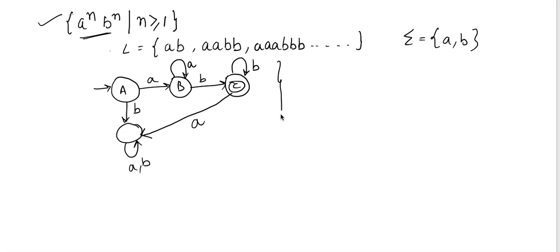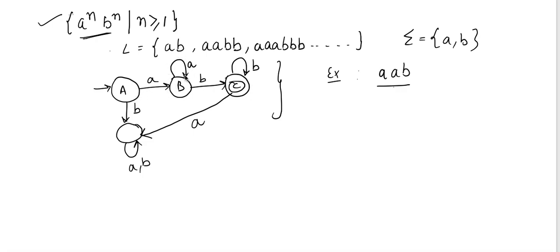So you might think this is the DFA for this language, but see what the problem here is. It is able to count one a here and one b here, but check the string aab. If I give this string to this FA, what happens?